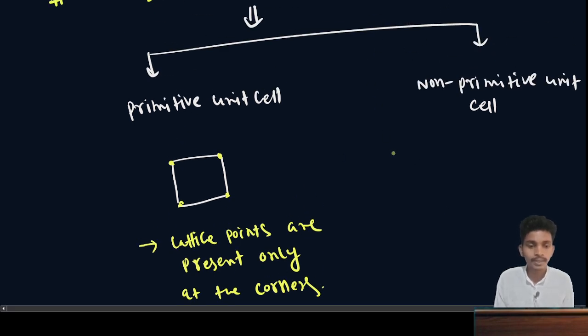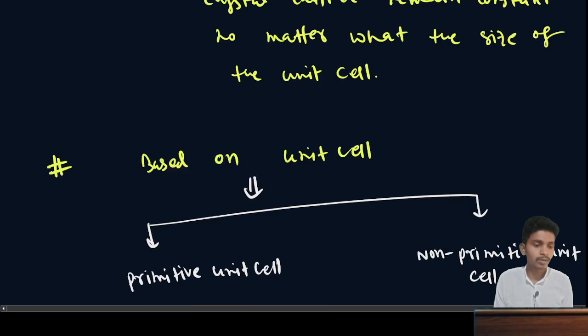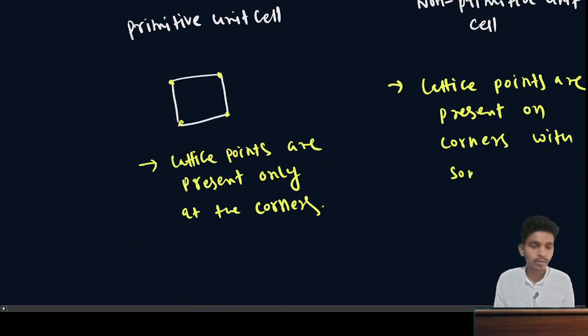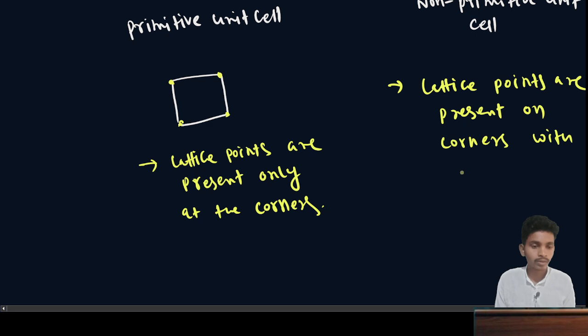Whereas for non-primitive unit cells, lattice points are present on corners with some other particular centers.